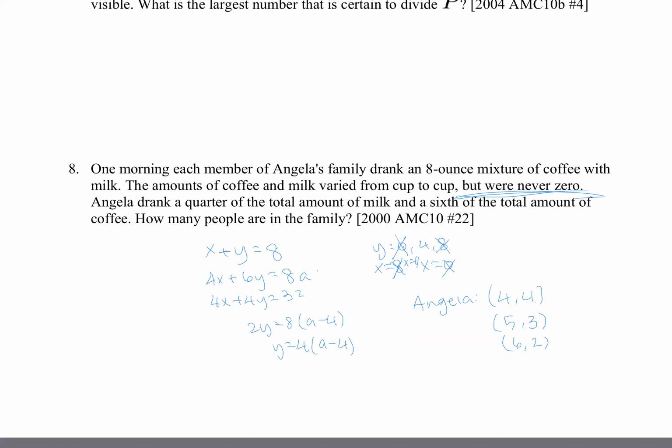So the amount of milk that exists is 16, and then the amount of coffee was 24. Okay, so then adding this up, we get that this equals 40, right? And then if this equals 40, we can divide it by 8 to get that there are exactly 5 people in the family.